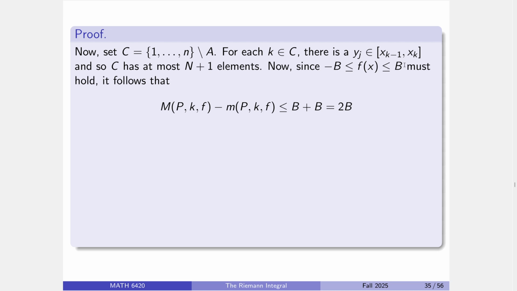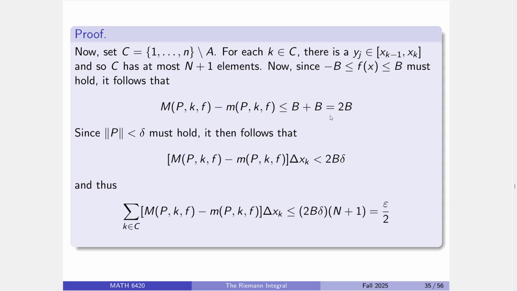All right, and f is bounded below and above by B, so we know that when I take the difference of the sups on these subintervals, they aren't going to exceed 2B. And since the mesh size is strictly less than delta, when I look at any one of the sup minus the inf times the delta, the width of the subintervals, all of these are bounded by 2B, so these will be 2B times delta.